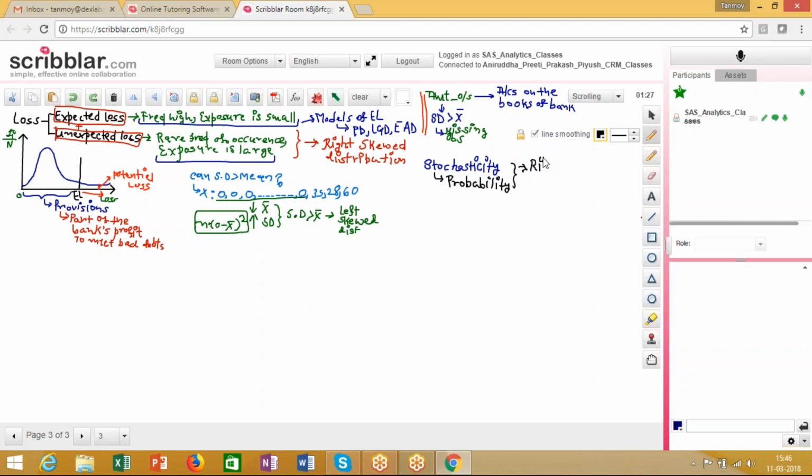So, what is risk first of all? Risk is a lottery. So, we define risk as a lottery.